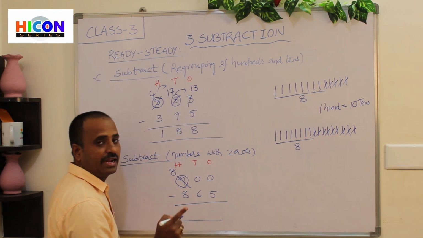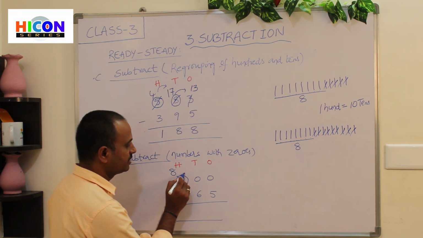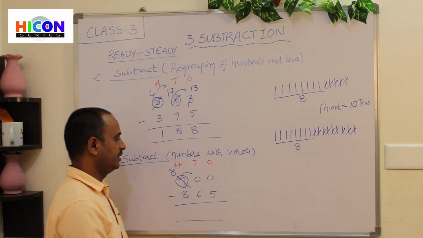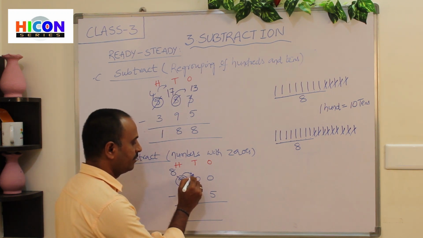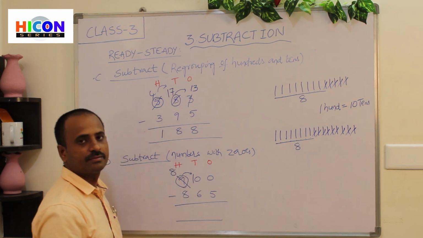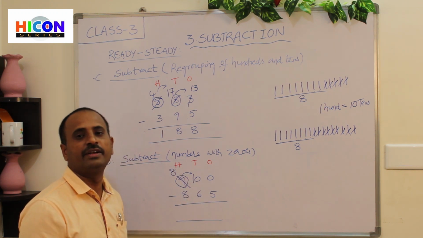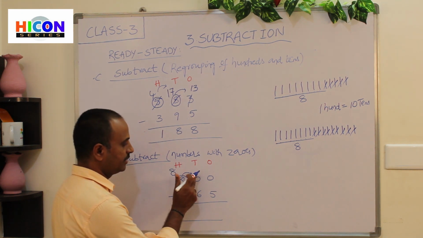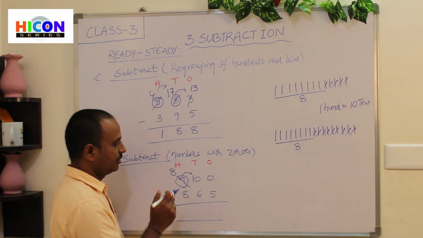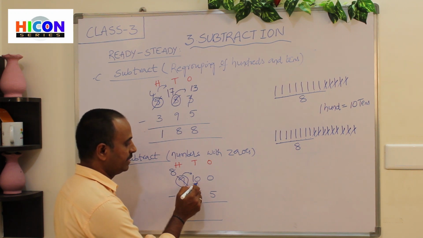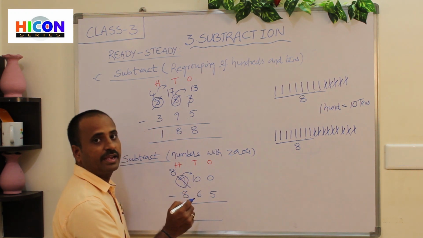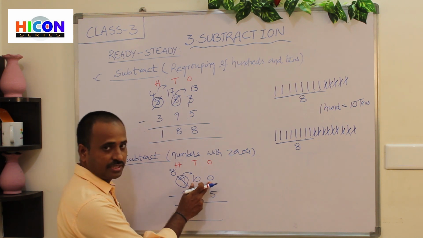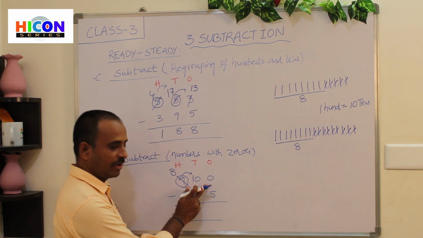And now carry 100 to the tens place. If you carry 100 to the tens place, it will become 10 tens. So 0 becomes 10. So now there are 10 tens. Now again we have to borrow. Because there is a zero in the ones place, we cannot subtract 5 from 0.